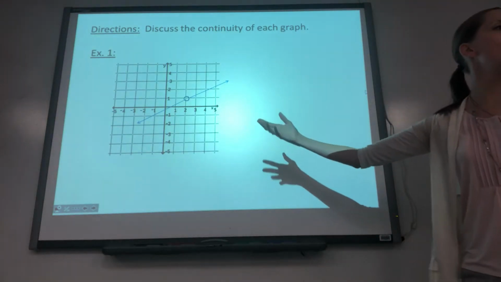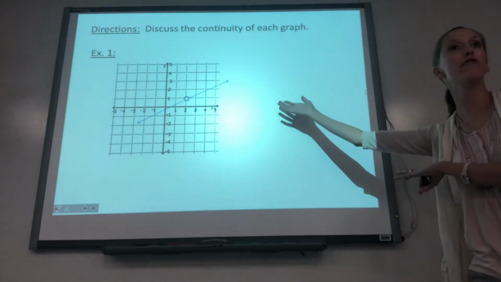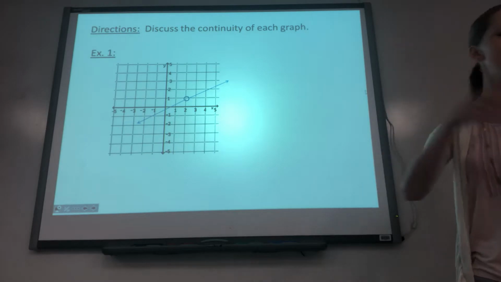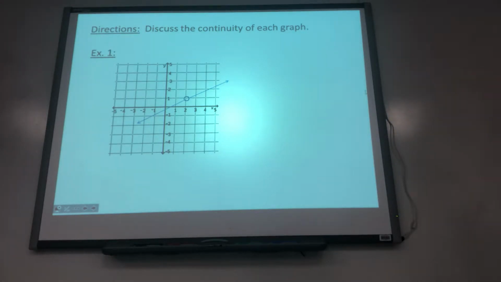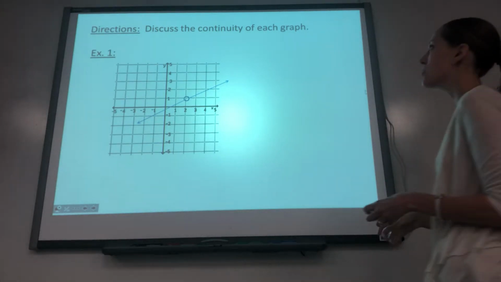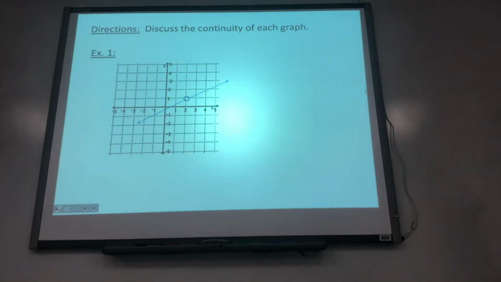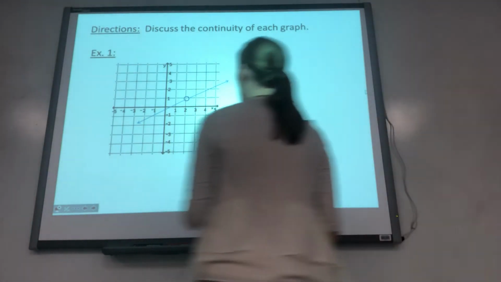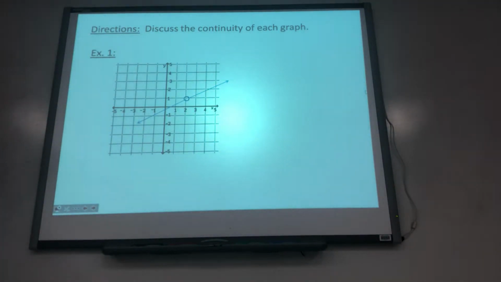It might even be better if you look up here for the notes. Again, this paper that I gave you is just to put in your notes later so you remember what was going on. Okay, discuss the continuity of this graph. First of all, I'm always going to look for problem areas: holes, asymptotes, breaks in the graph.